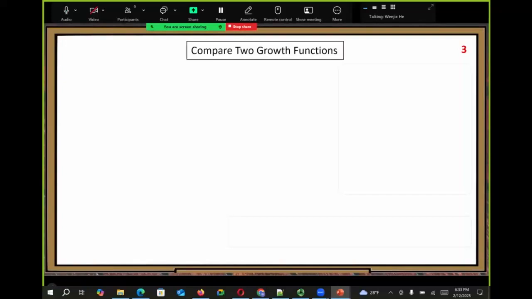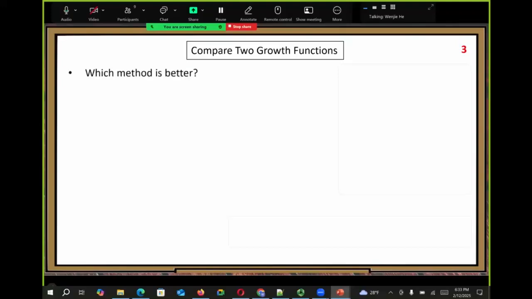So let us just use the two growth functions from our problem number 5, the element uniqueness problem. We have two solutions, right? Two methods, method 1 and method 2. For each method, we can find the growth function. Then we do comparison.